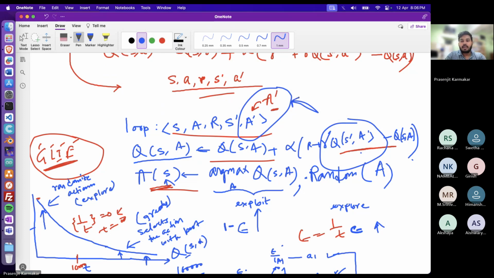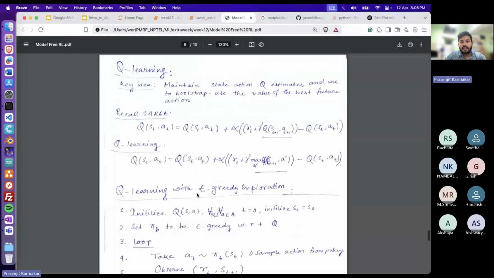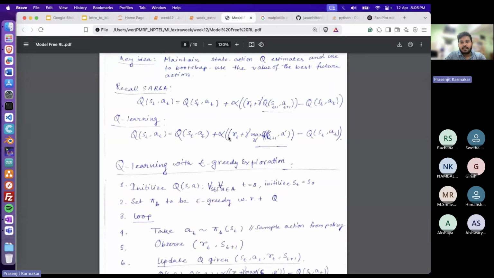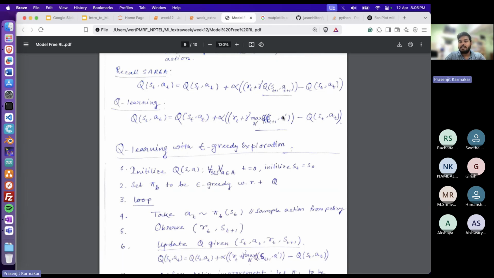Okay, so what Q-learning does, everything is the same. The Q-learning update function changes so that it will not sample the action from the policy, rather we will take the greedy action at the next step. Whatever has the maximum Q value, I will take that Q value instead of taking another action. Got it? So basically you are saying that I will take the best action, not from the policy.